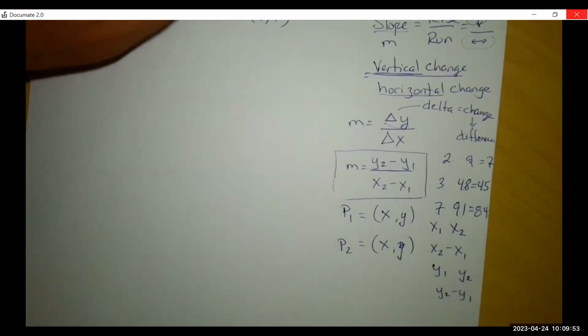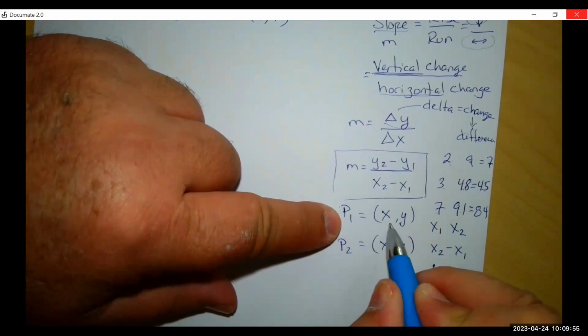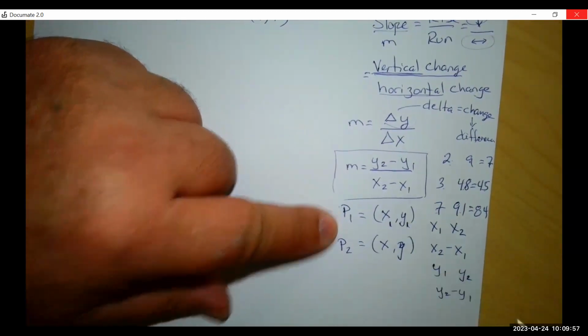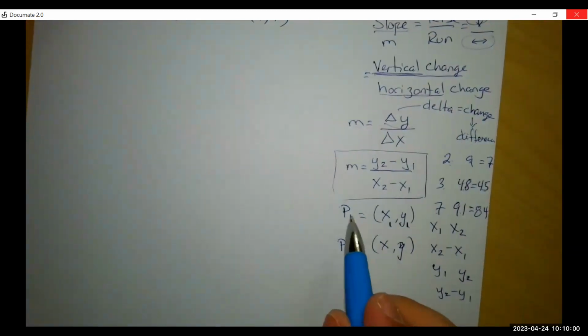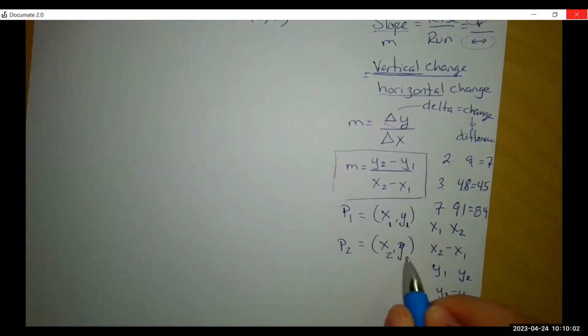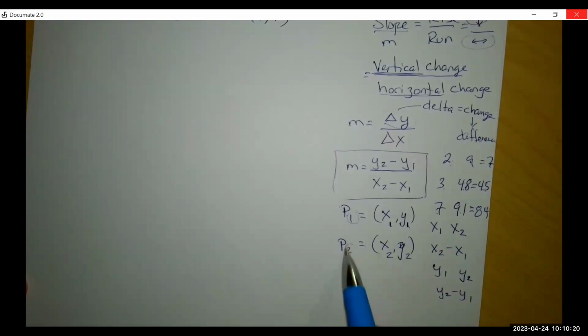How do we tell them apart? Well, point 1 has x1, y1. Those belong to point 1. x2, y2 belong to point 2. So the subscripts tell you where those numbers come from. x sub 1, y sub 1 belong to point 1. x sub 2, y sub 2 belong to point 2.